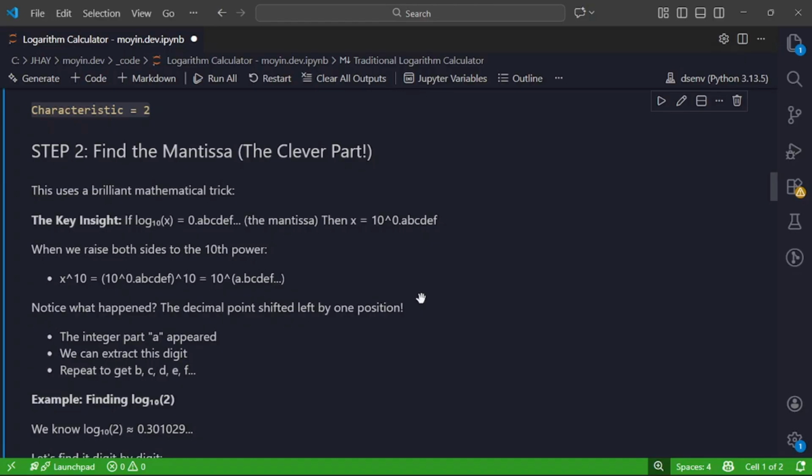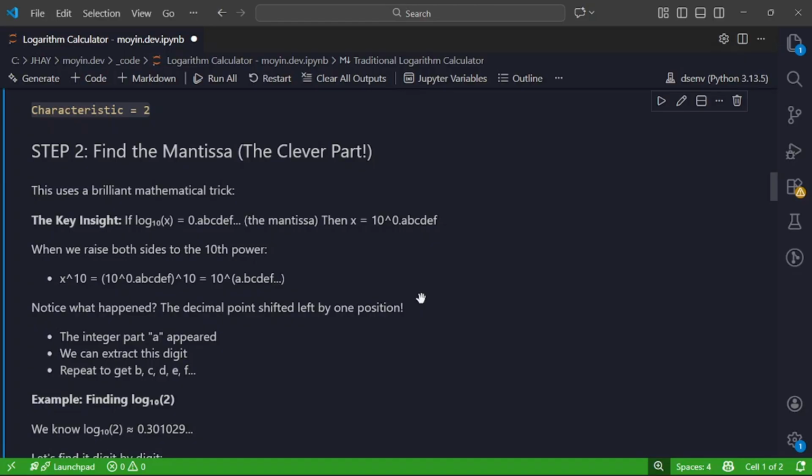Now, when you raise that to the power of 10, you multiply by 10, and there is a decimal shift to the left. What then happens is that a now becomes the characteristic, and b, c, d, e, f remain the mantissa. So that is the core concept that powers the trick we want to use.